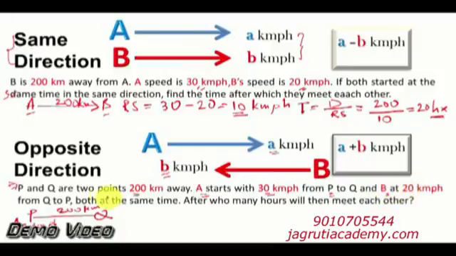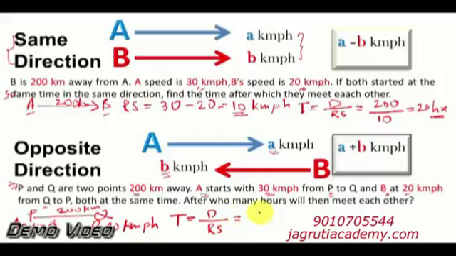B starts from Q to P with a speed of 20 kilometer per hour. So this is Q. B starts from Q with a speed of 20 kilometer per hour. At what time will they meet? That means A and B will meet. The usual formula is time equal to distance by speed. But as A and B both are moving here, I will take the relative speed.